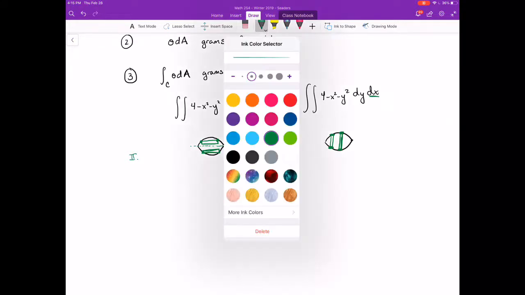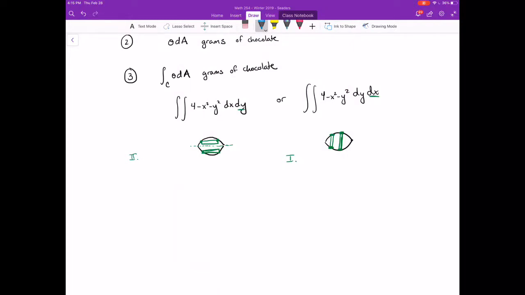So just because of time in class, I wasn't able to write all this out last time, but what I should do when I'm setting up my limits of integration, I should ask myself in my head, for a fixed x value, what do my y values vary between? And notice this can depend on the x value.